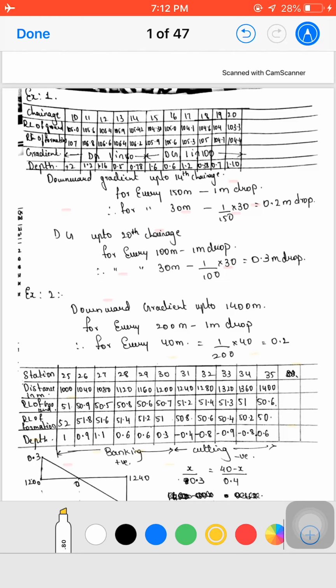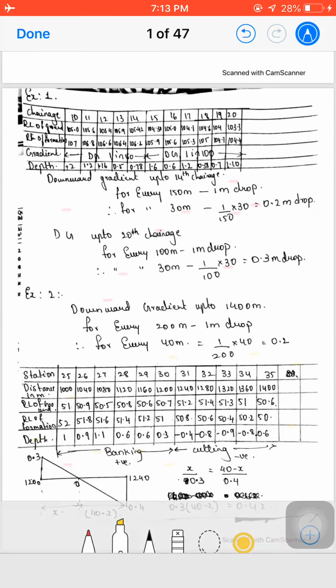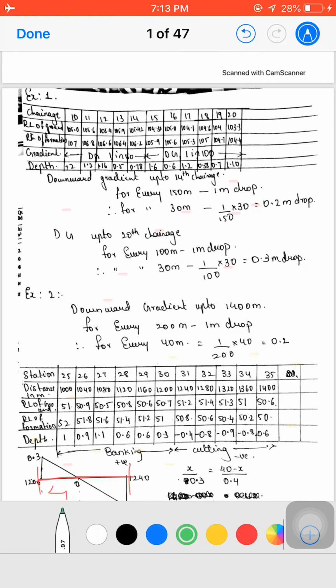Okay, so you can see this distance is 40 meters. So this I'm taking as x, and this will be x minus 40. Green line represents x, and yellow line represents x minus 40.